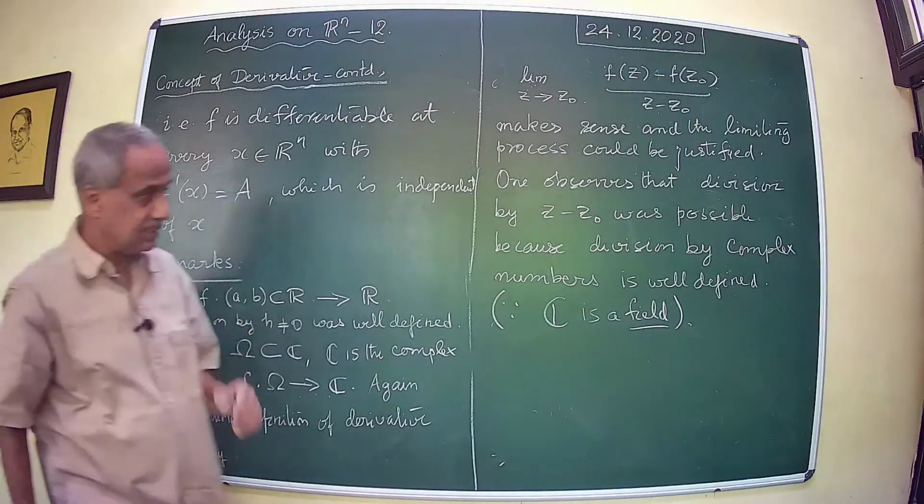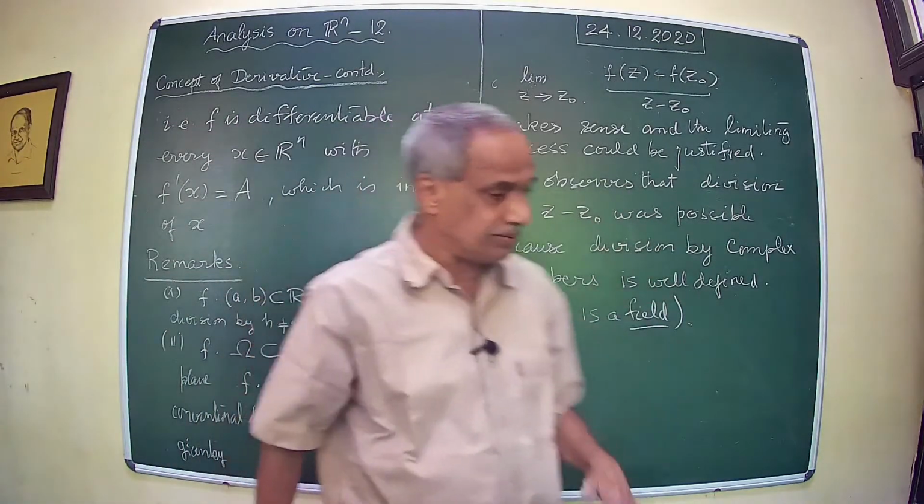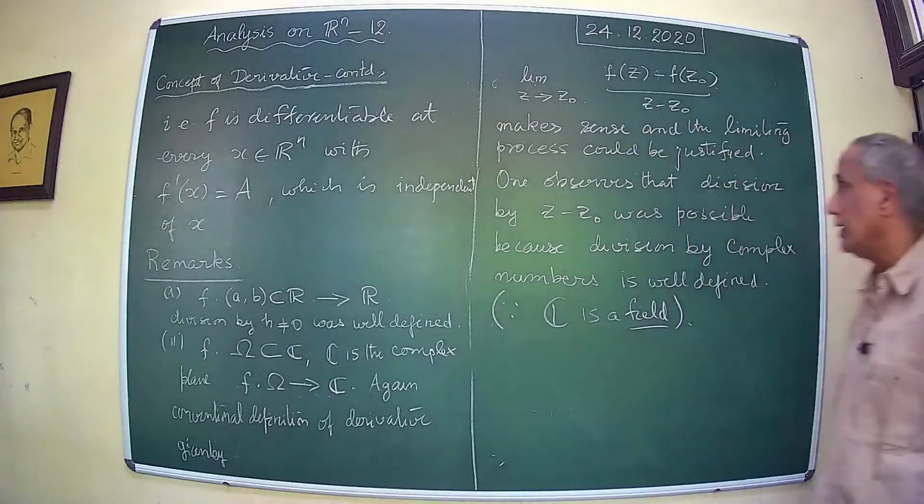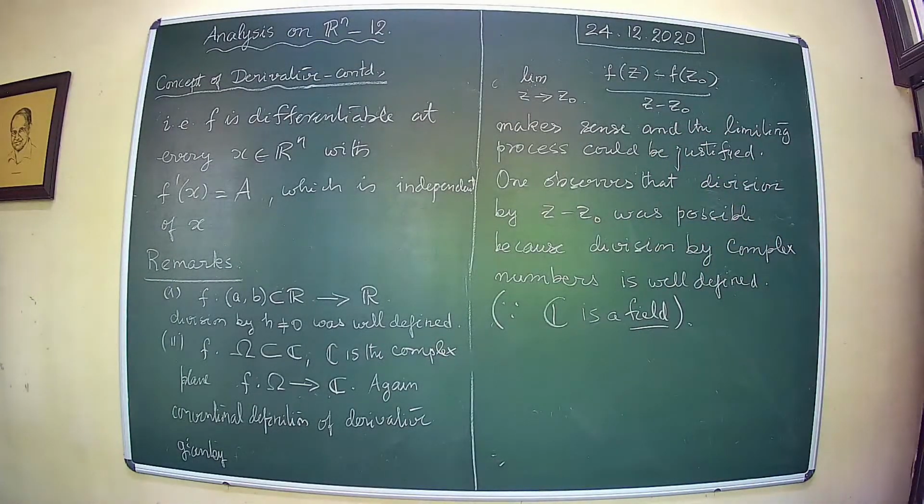And this is the reason why this division makes sense, because given z minus z0 not equal to 0, 1 upon z minus z0 is well defined as a complex number. So that's something to be observed.